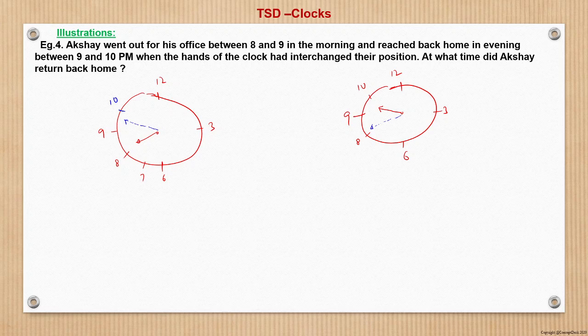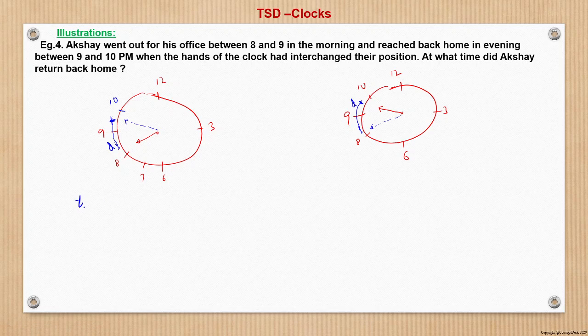Now let us assume that the distance between the two needles is d units. Similarly, this distance between the two needles is also d units. Both will be the same. So at what time in the morning between 8 and 9 o'clock will the needles be d units apart?